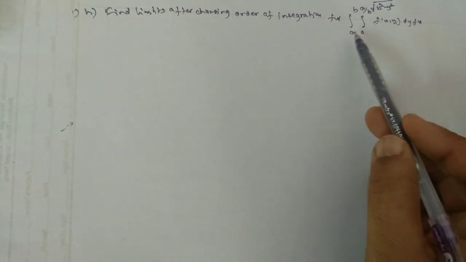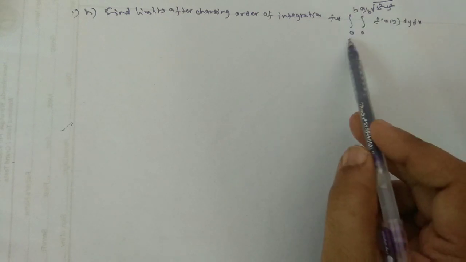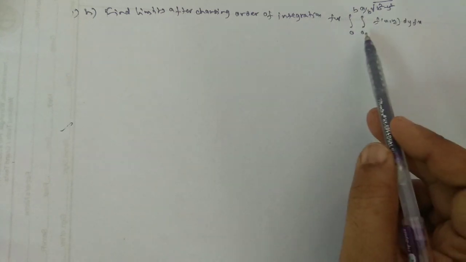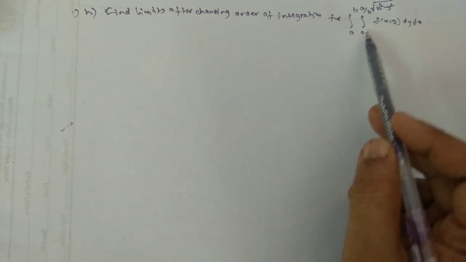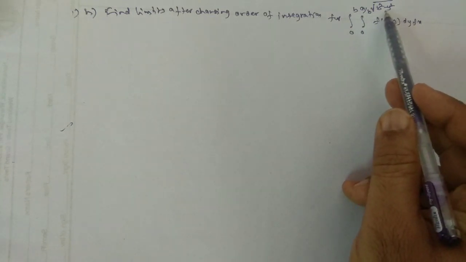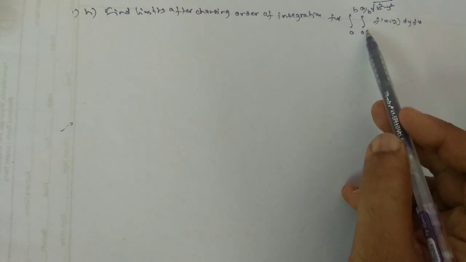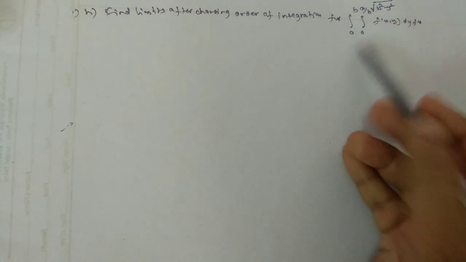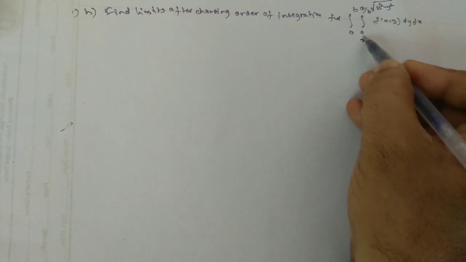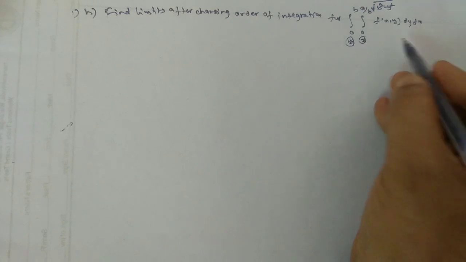Now you look at the problem, double integral here it is given. The first integral consists of 0 to b, only real numbers. The second integral consists of 0 to some limit, and the limit consists of the variable y. So when the limit consists of the y variable, definitely these limits belong to x. So this is your x integral and this is automatically your y integral.